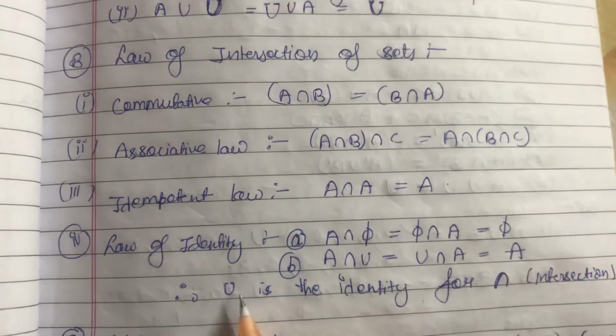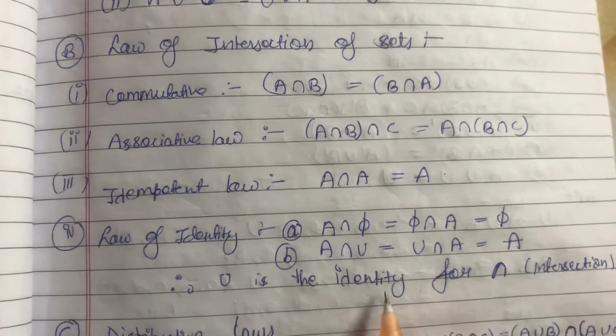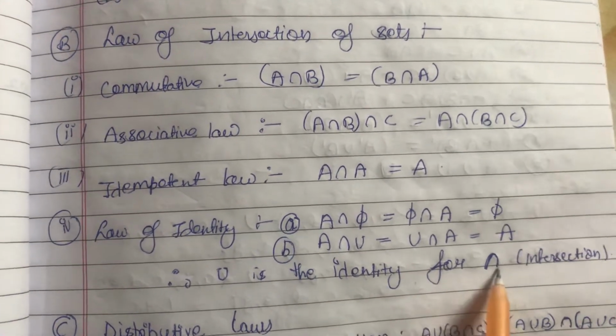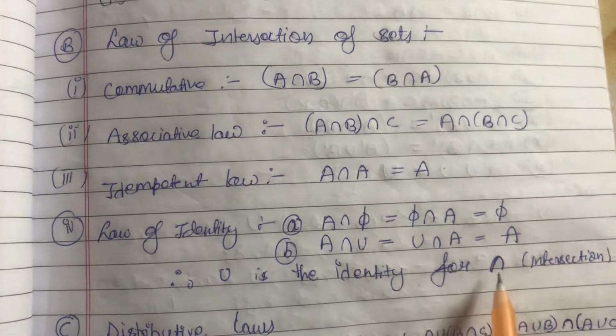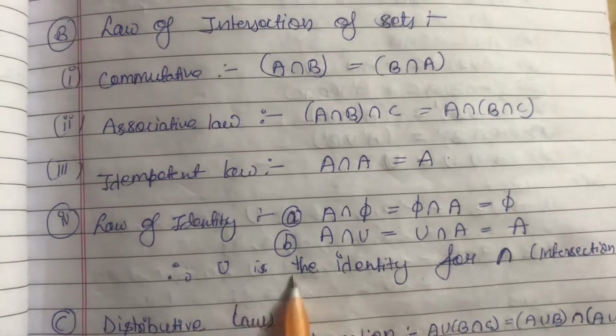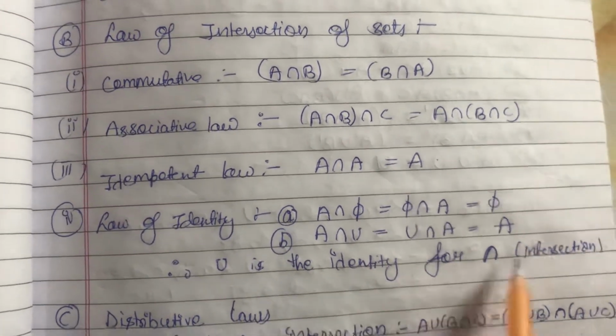So here universal set is the identity for intersection. This symbol, inverted U, means intersection.